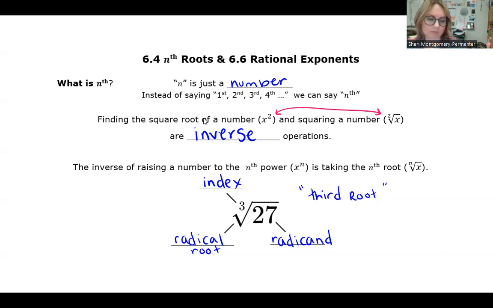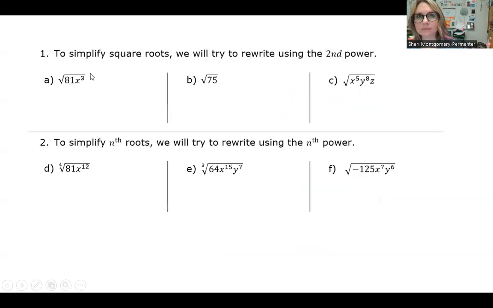So far, so good. To simplify square roots, we will try to rewrite things using the second power. We're going to try and rewrite things to the second power because those undo each other. When I say it undoes it, it doesn't mean that the whole thing disappears.